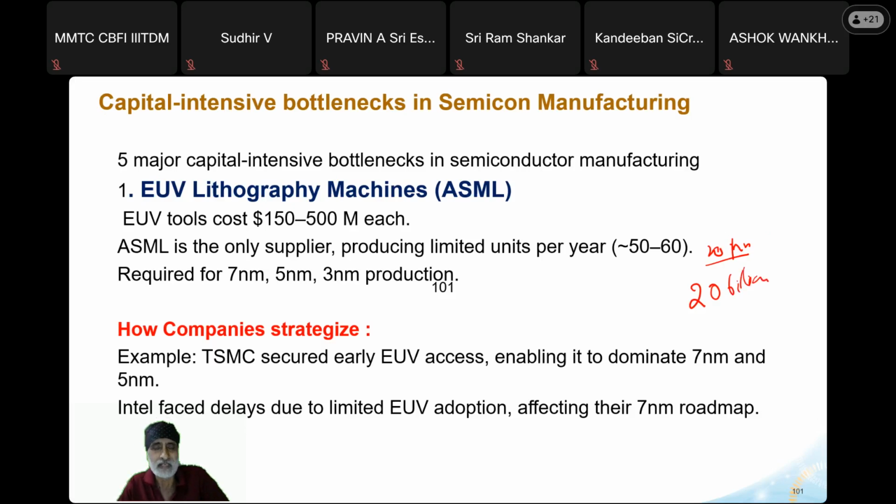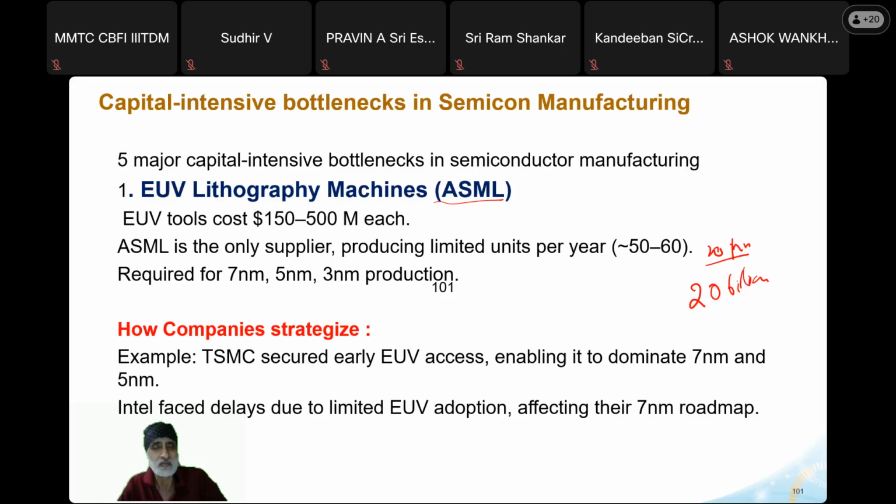And litho is a machine for which there is only one company which makes that, ASML. It's a company based in the Netherlands, but the technology was developed in collaboration with the US government, IBM and Intel. TSMC also invested hugely in these.